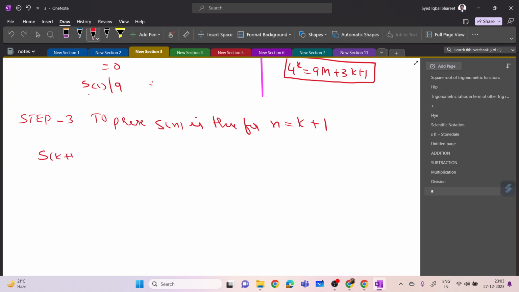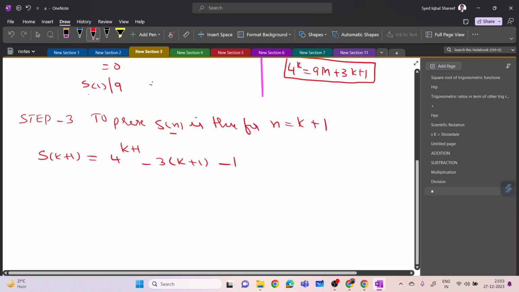So S of k plus 1 equals 4 to the power of k plus 1 minus 3 into k plus 1 minus 1. That means wherever n is there, we write k plus 1. This we can write as 4 into 4 to the power of k minus 3k minus 3 minus 1, that is, minus 3k minus 4.